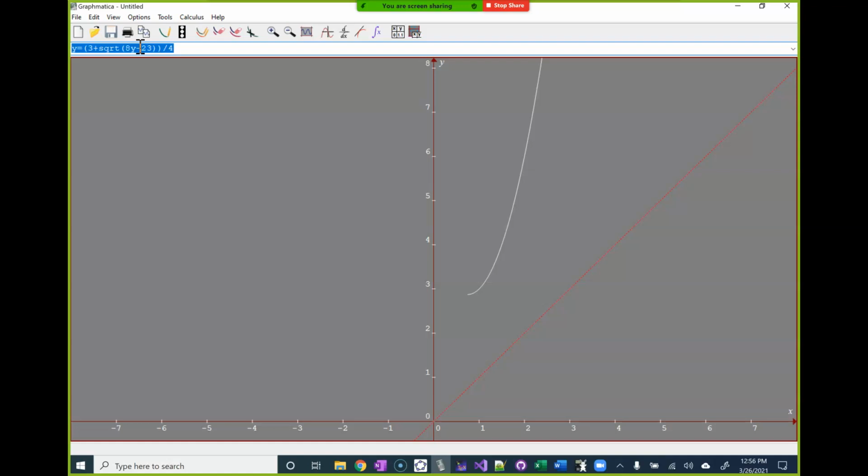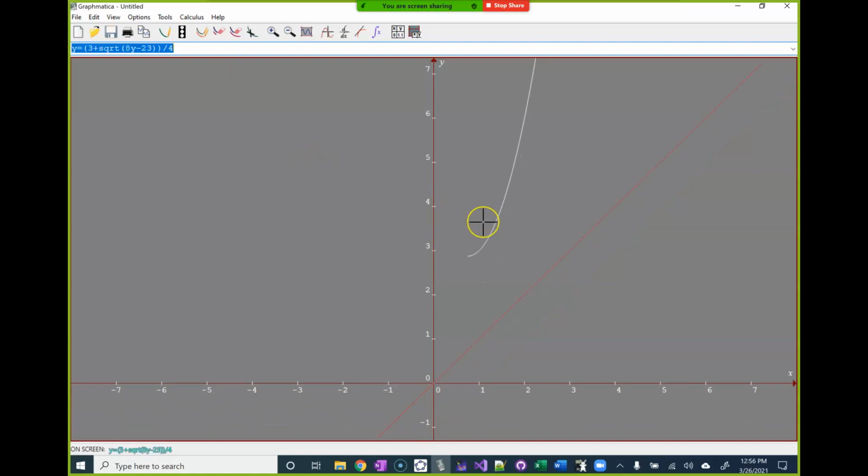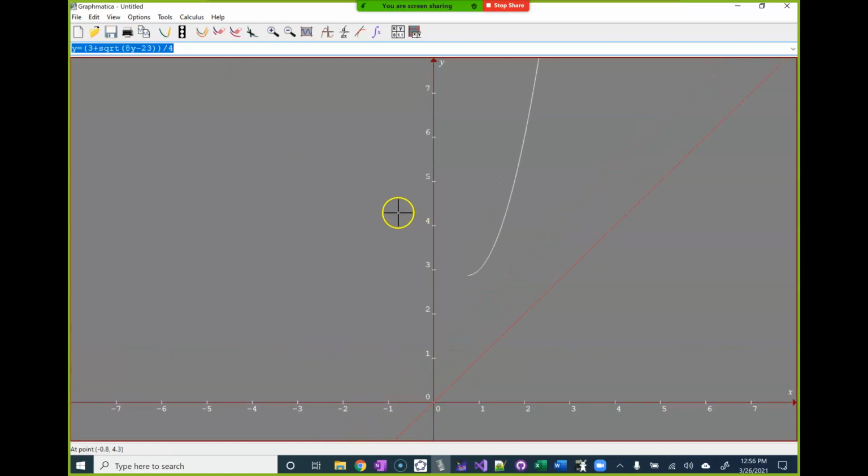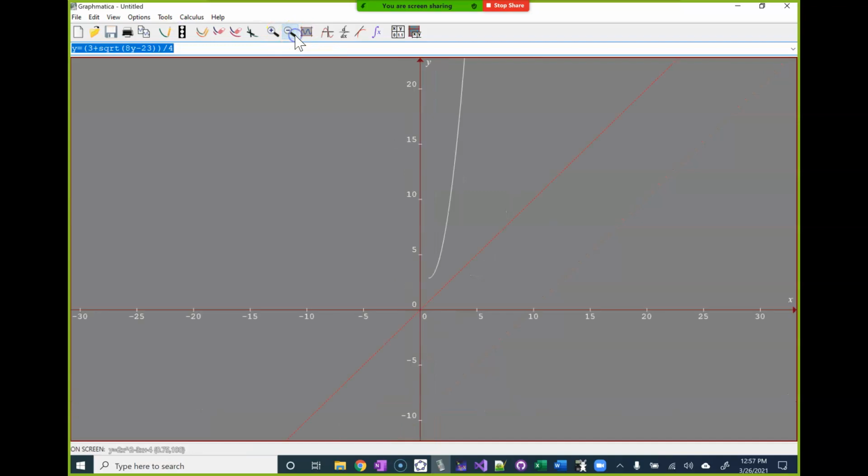Oh, stupid x. There we go. Is everybody okay with graphically what we did? So this is our original function after we truncated its domain. And this is my resulting one where I've reflected it across that line, right? Everything looks like it matches up that way.